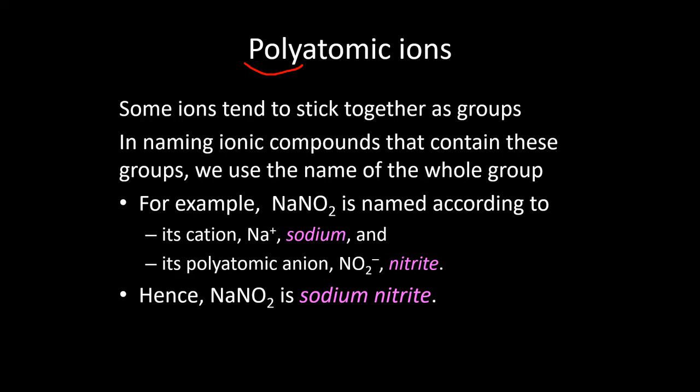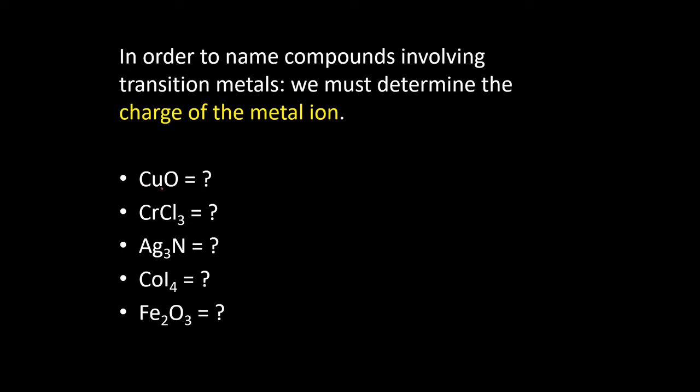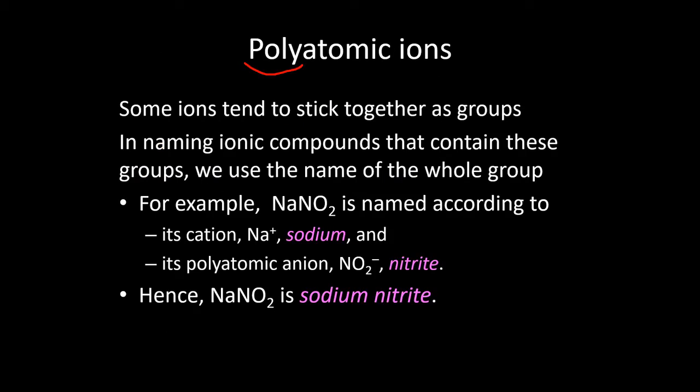So in the previous video, when we were looking at these here, each of the ions was just a single element. We might have more than one of that element, but it was always just one metal and one nonmetal. And here, we are now going to have multiple nonmetals making up our anions.